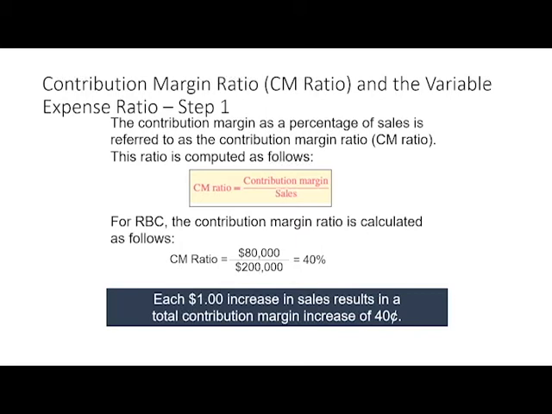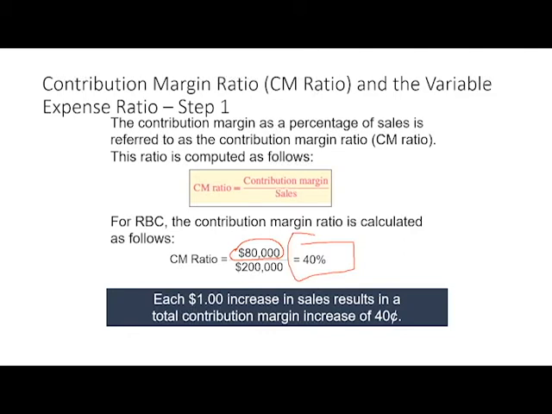Using the same example of the company, the CM ratio is calculated. Remember that the contribution margin is 80,000 and the sales are 200,000, and we get a CM ratio of 40%. So what does this 40% mean?